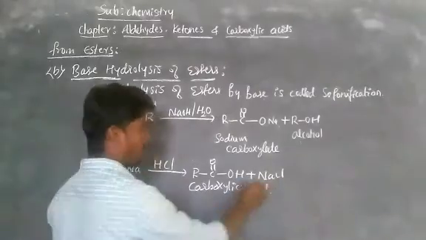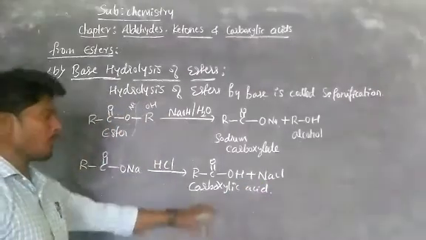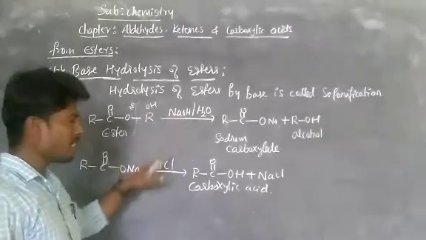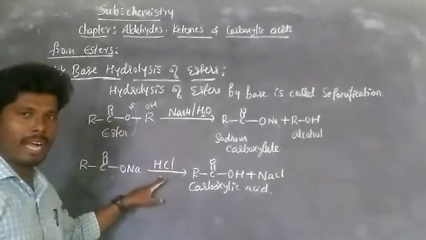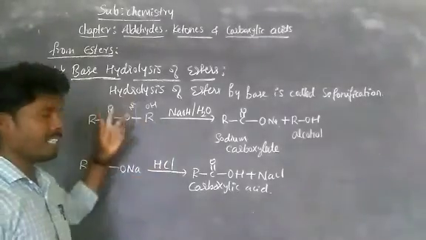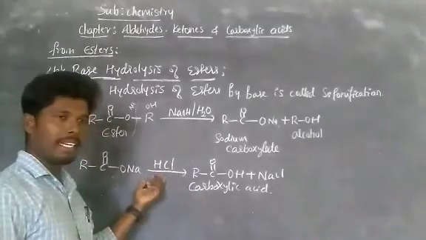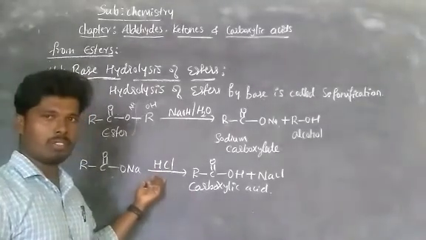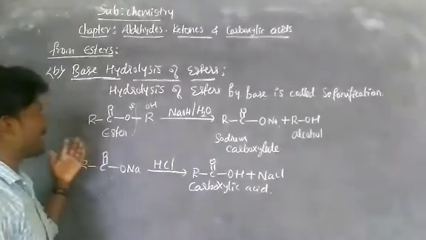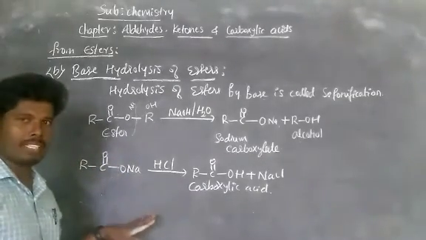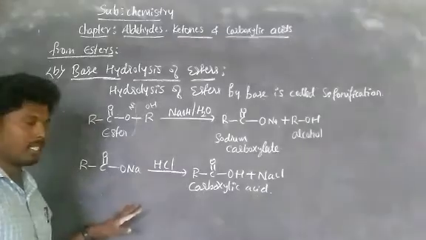So in base hydrolysis, to get carboxylic acid, we do a two-step process: one is treating with base, and the second step is neutralizing with acid. But in acid hydrolysis, we directly get carboxylic acids by treating with acid. This is the difference between acid and base hydrolysis, and in both cases you get carboxylic acids as the main products.